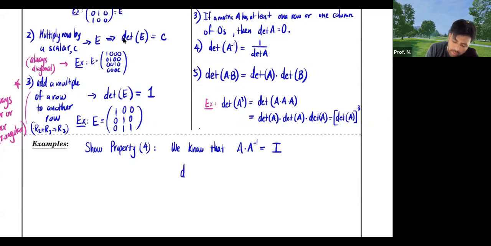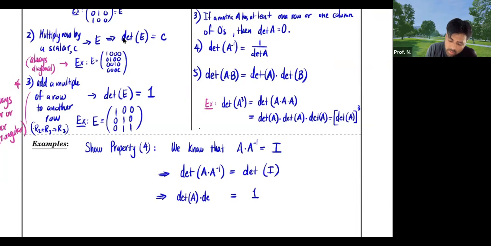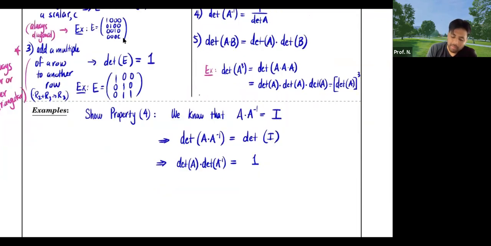And then if we apply the determinant to A times A inverse, we get the determinant of I. But the determinant of I, the identity matrix, is 1. And applying property 5, we know that the determinant of A times the determinant of A inverse equals 1. And when we divide out the determinant of A on both sides, we get that the determinant of A inverse is equal to 1 over the determinant of A.